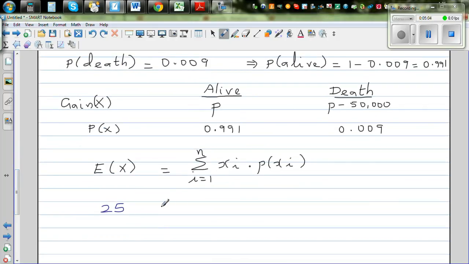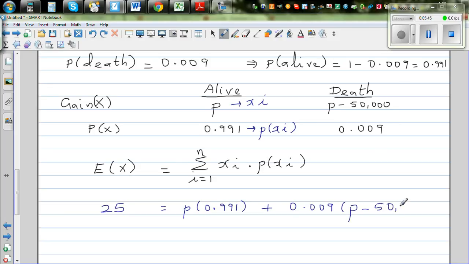So I can say 25 is equal to P times 0.991, where P is your xi and 0.991 is your probability of xi. This is your random variable, and this is its probability. Plus, because it's a sum, 0.009 times the respective random variable, which is P minus 50,000.